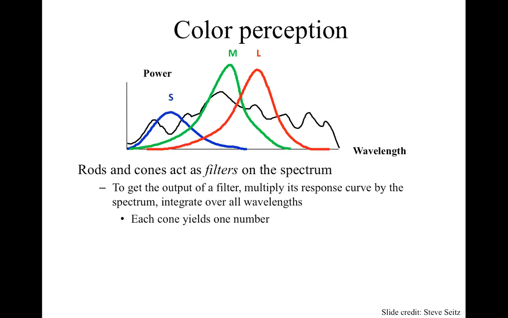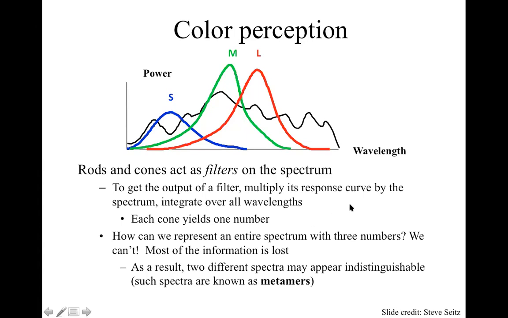If you filter the spectral power of the wavelengths with each of these curves, you come up with a number. So you can characterize each spectrum with three numbers: the response for the short cones, the medium cones, and the long cones. These are values that correspond to the R, G, and B values.